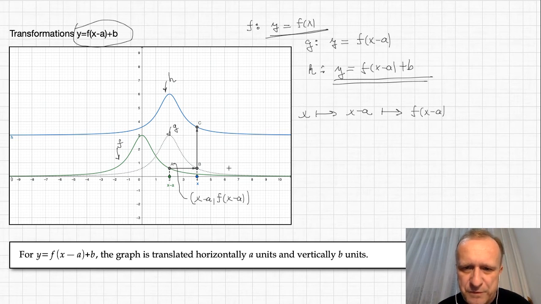Now we need to use this same value, the function value f of x minus a, to define the function value of the function g. So we take it and use it as the function value of the function g. Therefore, we take this x and assign this value to it. So point B is going to have the coordinates x and f of x minus a.